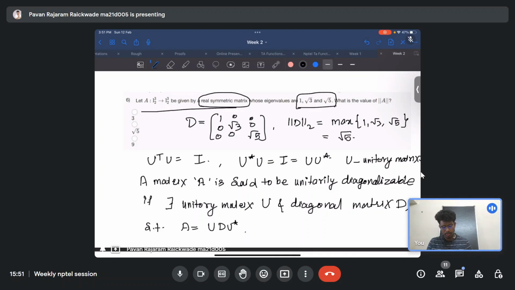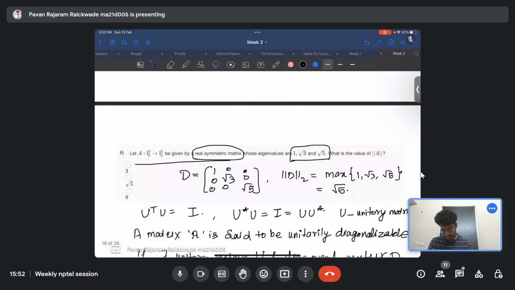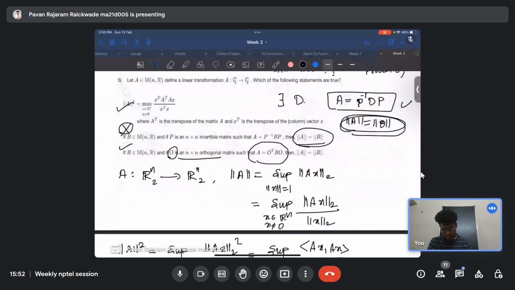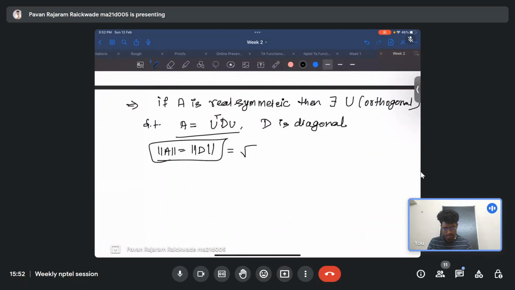Okay. So at the moment the only thing I know is the 2-norm of this D is root 5. But the previous remark I mentioned is that with this condition, norm A is the same as norm D. Also the previous question says, for an orthogonal matrix O and A equals B O transpose BO, then norm A is norm B. Here in place of B, we have a diagonal matrix D. So norm A is the same as norm D, which is root 5.